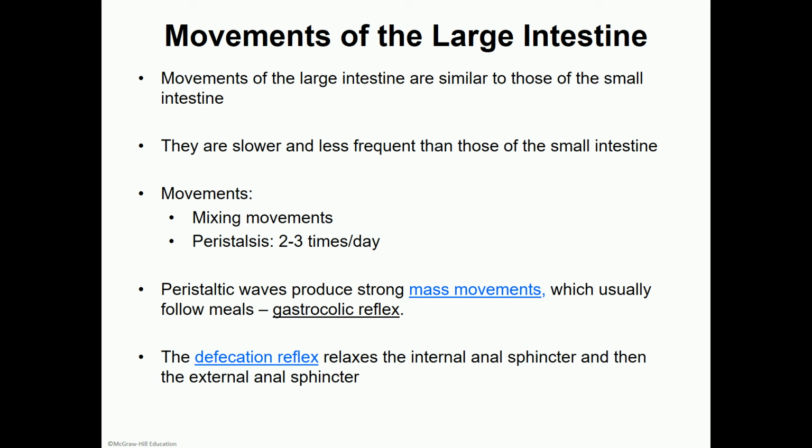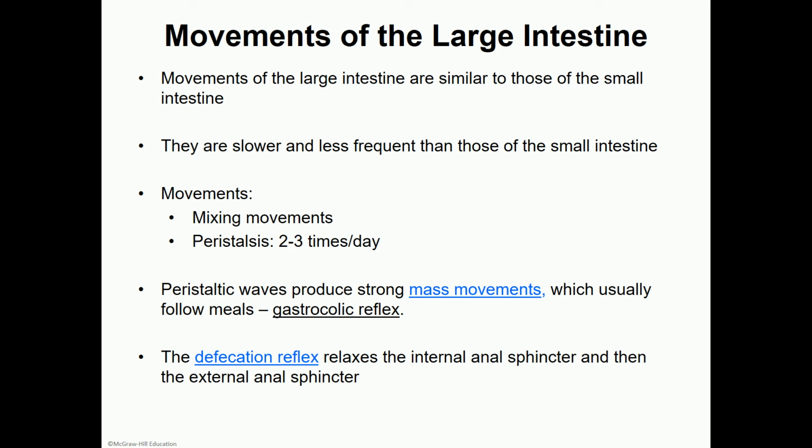So it's very variable. The peristaltic waves produce these very strong mass bowel movements, especially following a meal. And that is known as the gastrocolic reflex. The digestive system now knows that the person is eating, so it wants to empty itself on the other end.